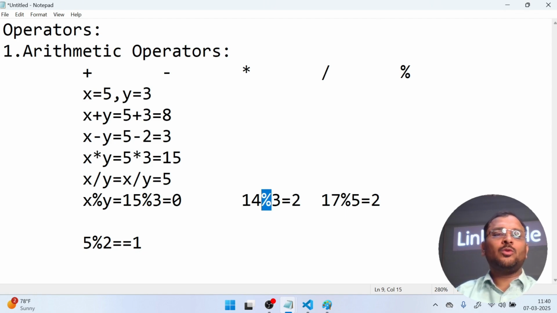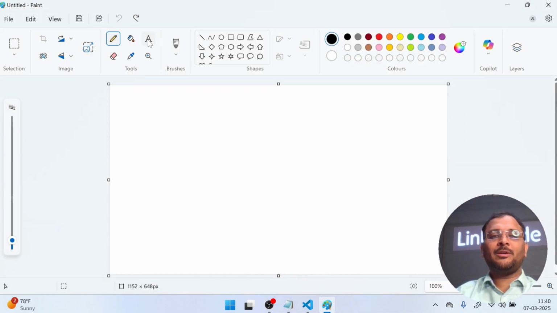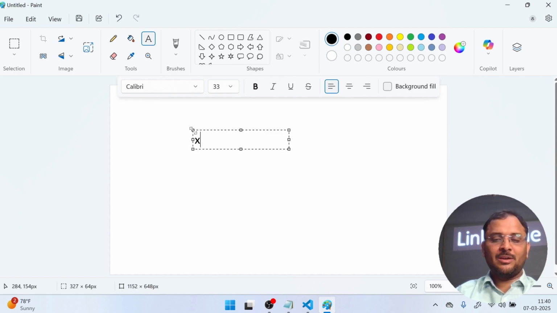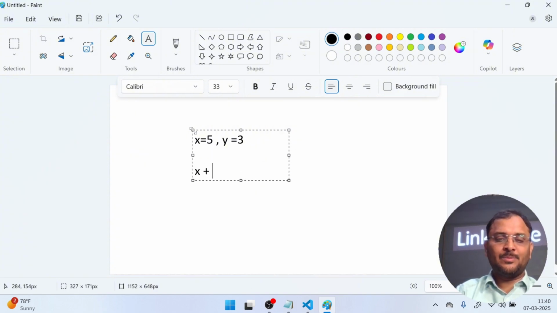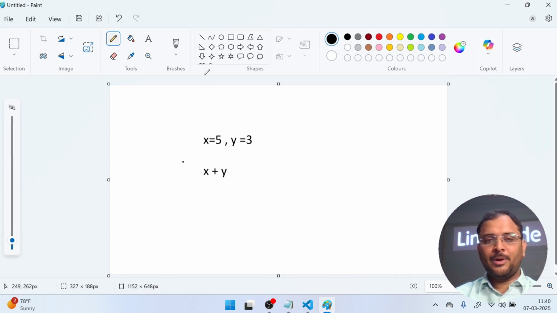Remember this. These operators are also called binary operators. Now why do we call it a binary operator? Because you can check, x is equal to 5 and y is equal to 3. When you write x plus y, you can understand why it is a binary operator.